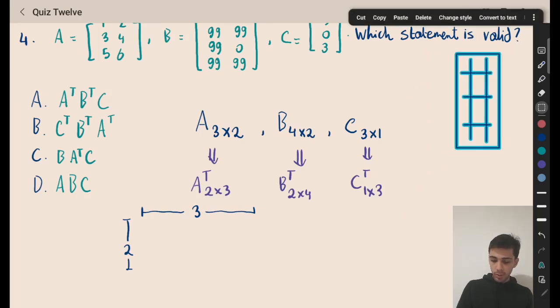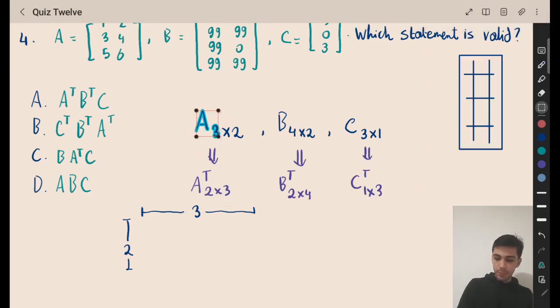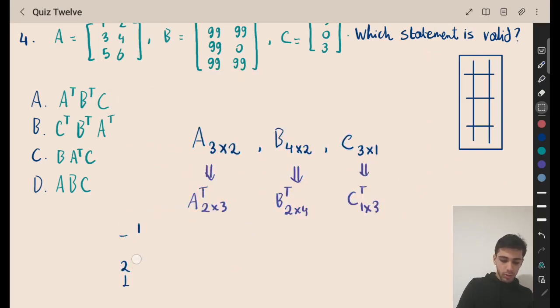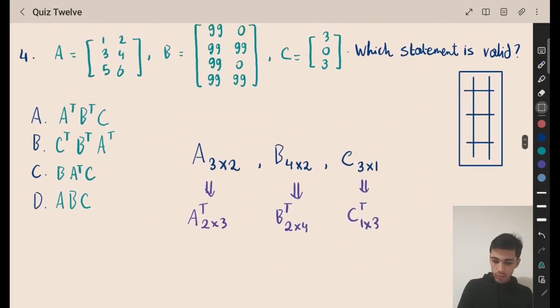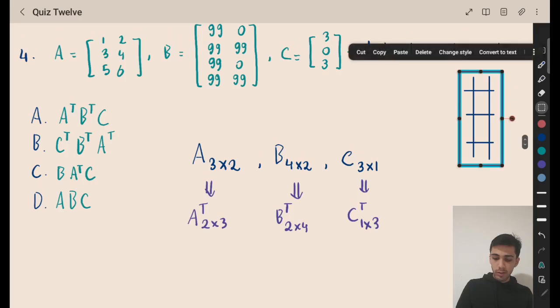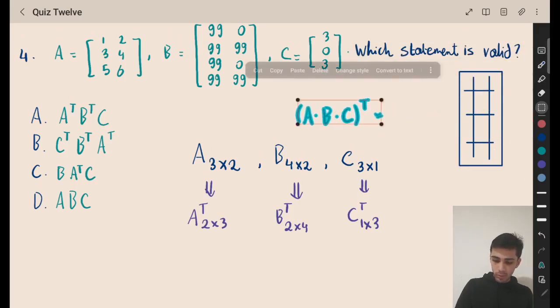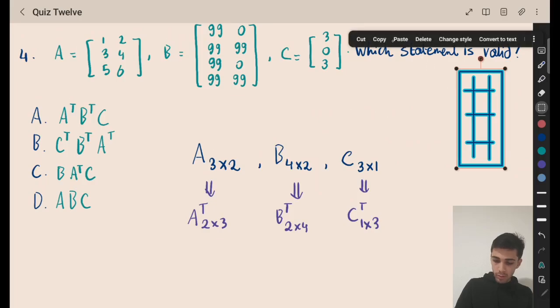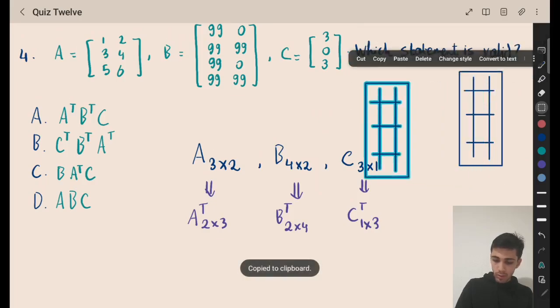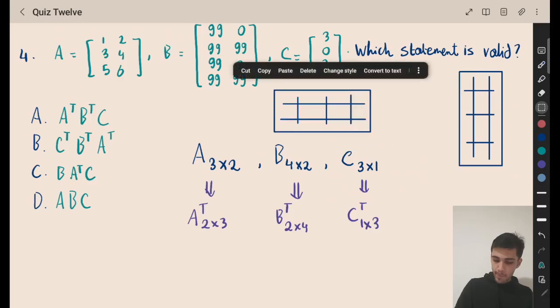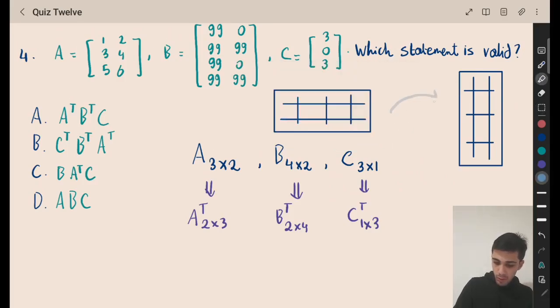Well, I think it is clear now. It is 3 rows and 2 columns. So everything is transposed. If this is your matrix A, then this is your matrix A transpose.